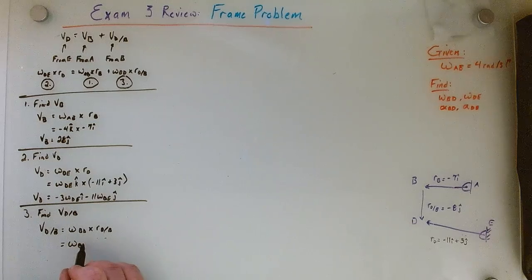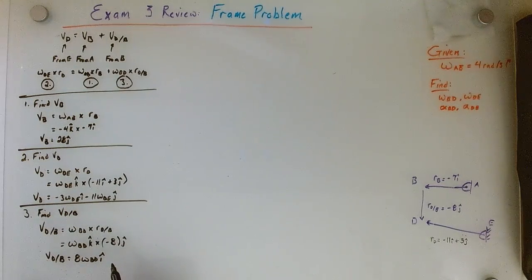Omega BD, so this is a K. We're going to cross that with minus 8J, and KJ is minus, so VD with respect to B is equal to 8 omega BD in the I direction. I think I got that right.